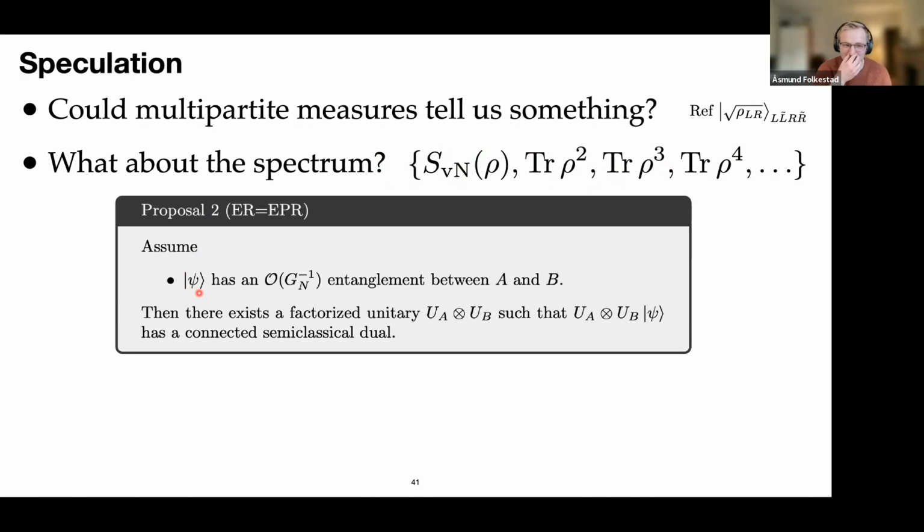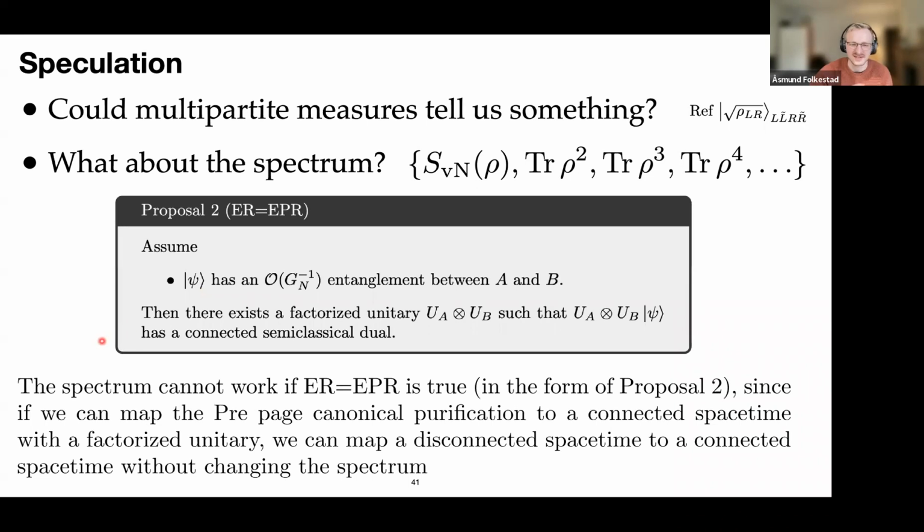So let me remind you guys. Assume psi has an order 1 over G_N amount of entanglement between A and B, then there exists a factorized unitary U_A times U_B such that the final state has a connected semi-classical dual. That actually contradicts the statement that this list could diagnose connectivity, and the reason is the following.